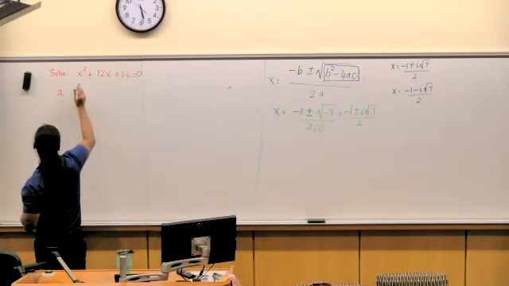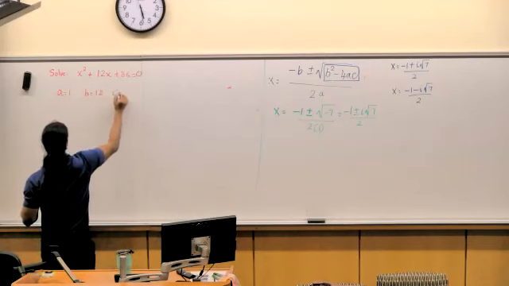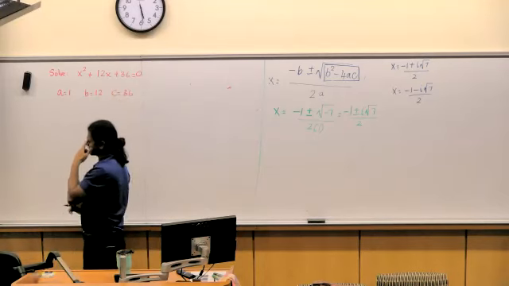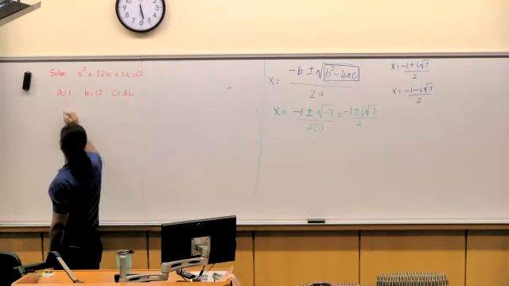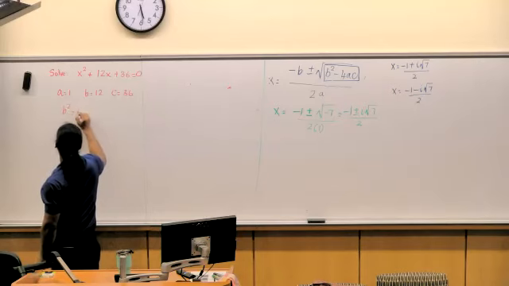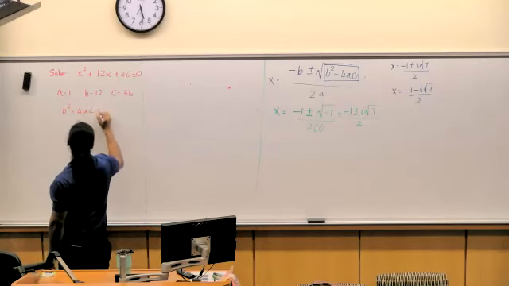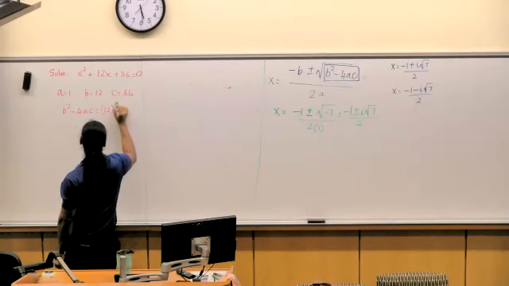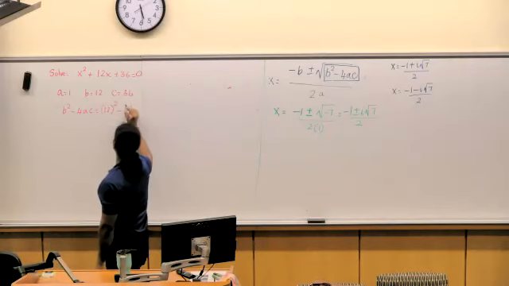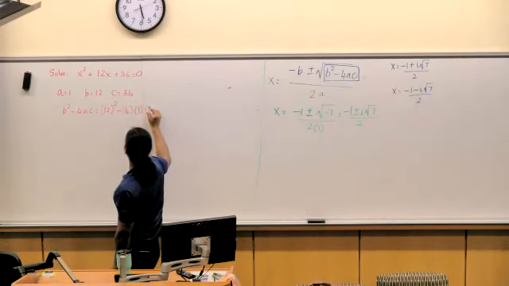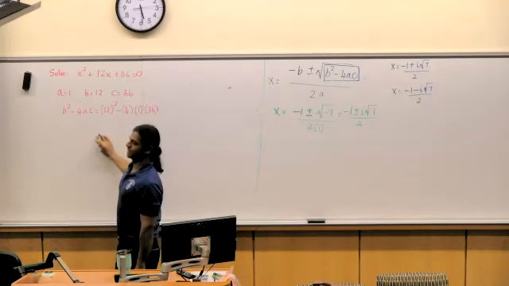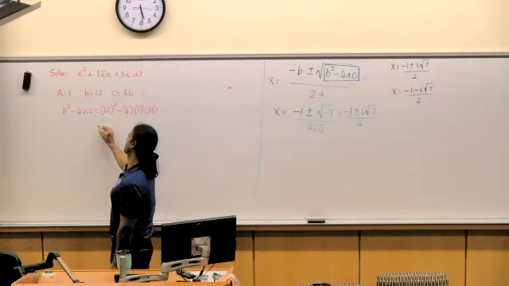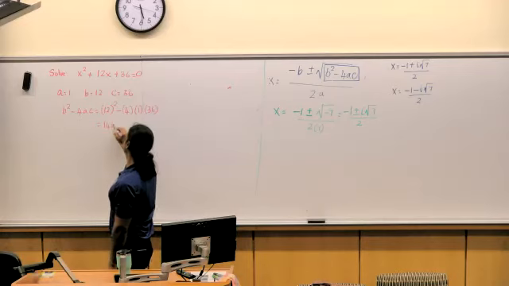So A in this problem is 1, B is 12, C is 36. B squared minus 4ac would be 12 squared minus 4 times 1 times 36. 12 squared, 144. 36 times 4, 144.